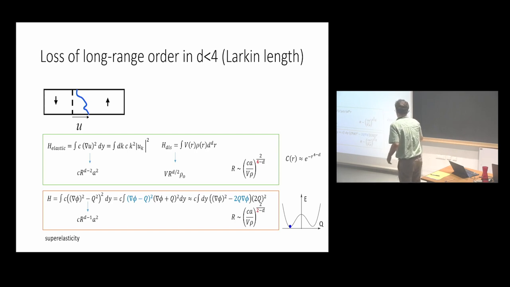And so there is no Goldstone mode. It's just two minima. And then I'm expanding in one of the minima, and that gives me a different situation, which Nattermann calls superelasticity. So I have basically long range order in dimension bigger than 2.